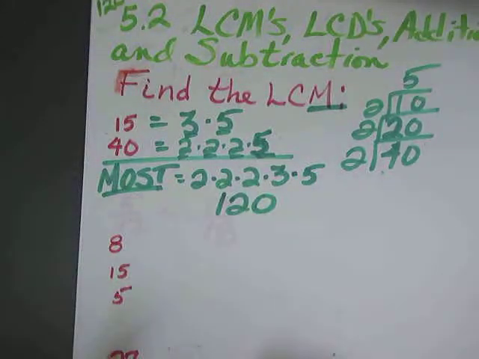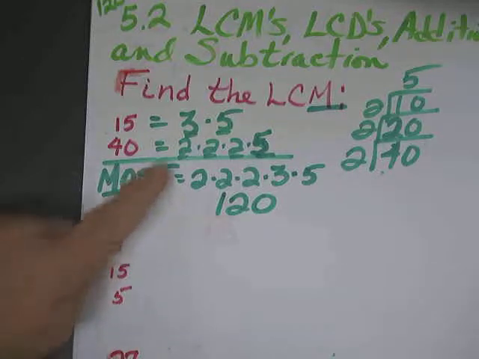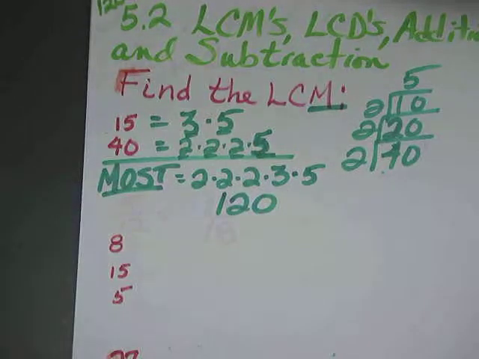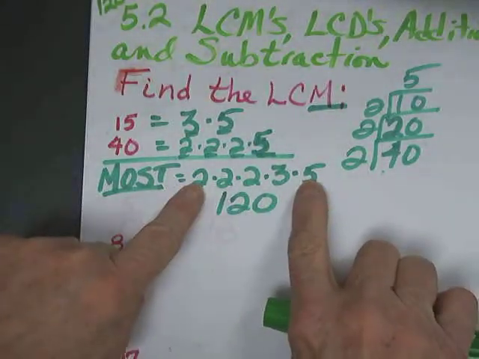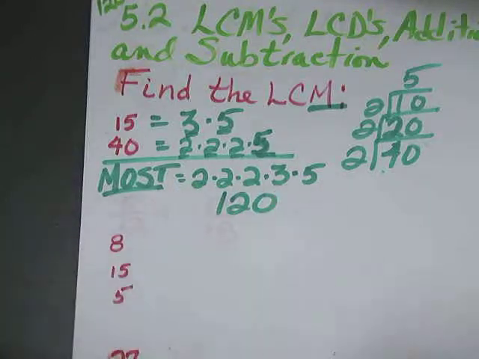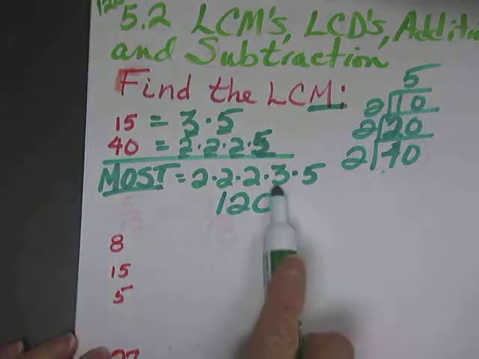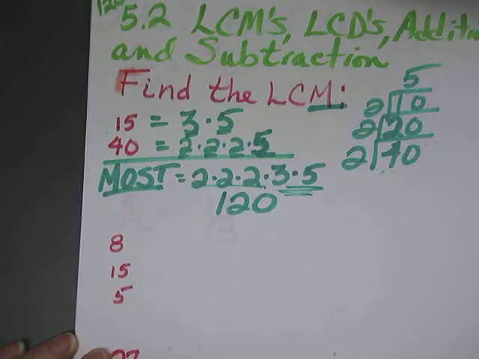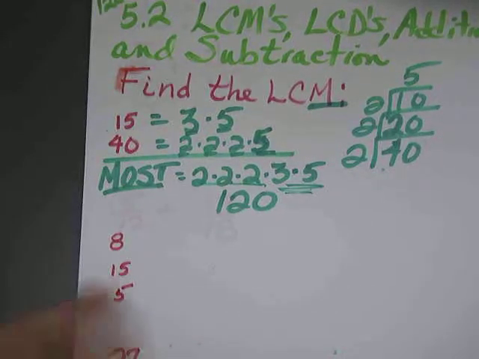15 will go 8 times. 40 will go 3 times. So you could look at it right there: there's 40 times 3, here's 15 times 8.